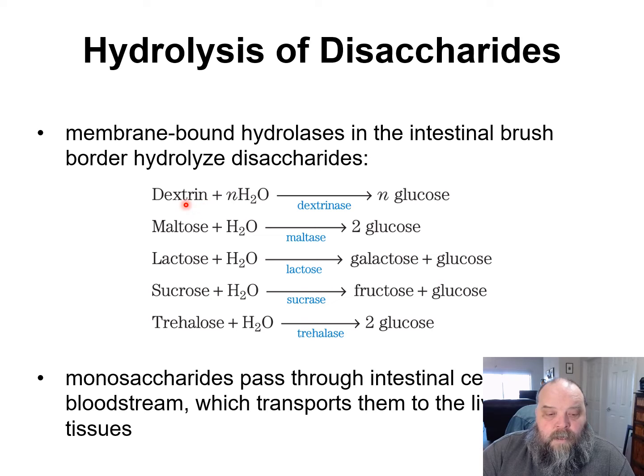You've got to remember, it was a dehydration reaction to join them all together, and it's a hydrolysis reaction to release them one by one. Hydrolysis reactions are driven by hydrolases. So however many glucoses you want to release from the polymer, that's how many waters you're going to need to have there.